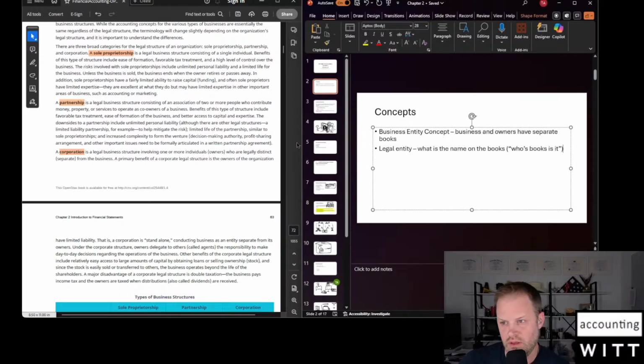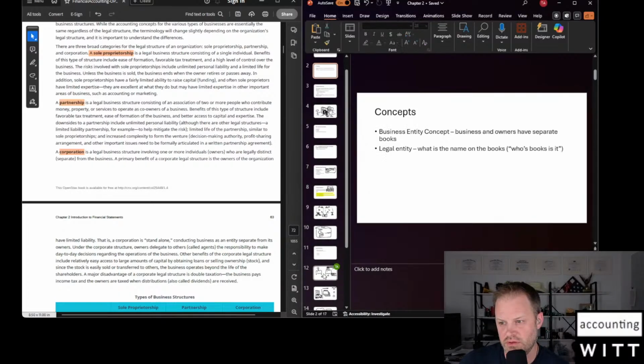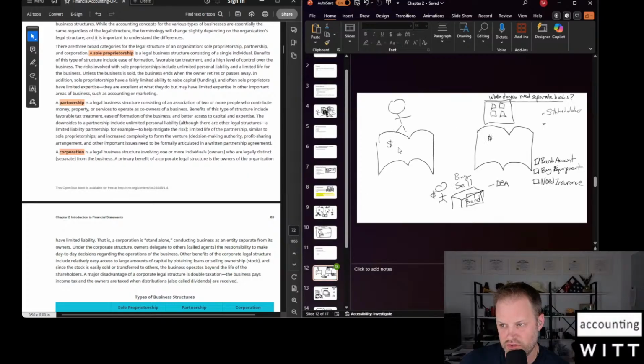So, going back to this picture of, you know, an owner's books, a business's books. So when I say an owner's books, that's like your personal bank account, your personal, you might have personal financial statements. Most people just have their bank account as a way of representing, here's my financial situation, or here's the list of assets I own.